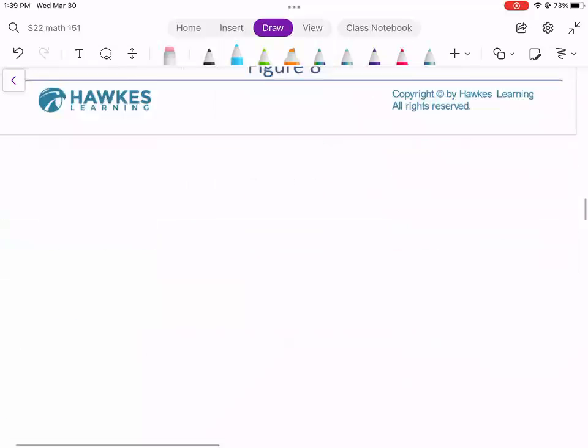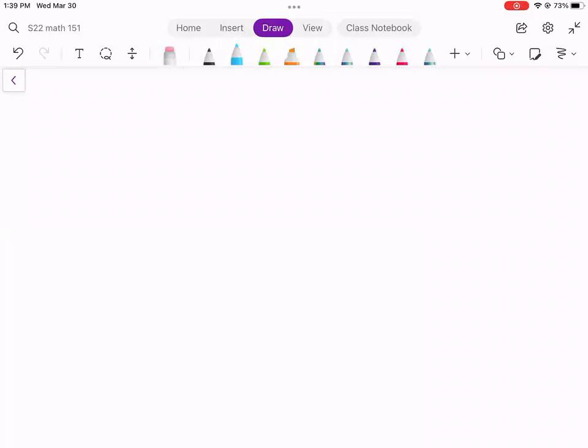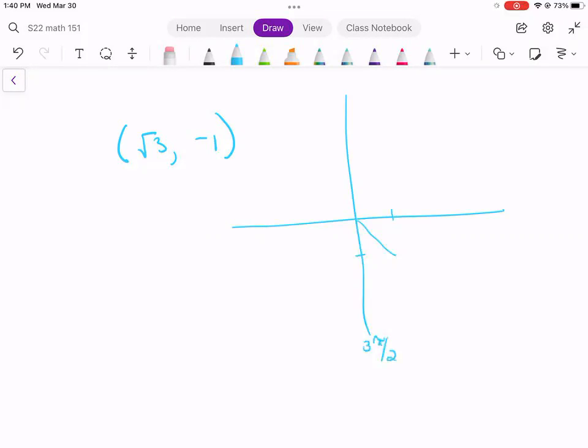Our second point that we're going to look at to convert is the square root of 3, negative 1. Again, if we draw a rough sketch of that, the square root of 3 is positive and negative 1, so we're going to end up down here in the fourth quadrant somewhere, which tells us that our theta is between 3 pi over 2 and 2 pi.